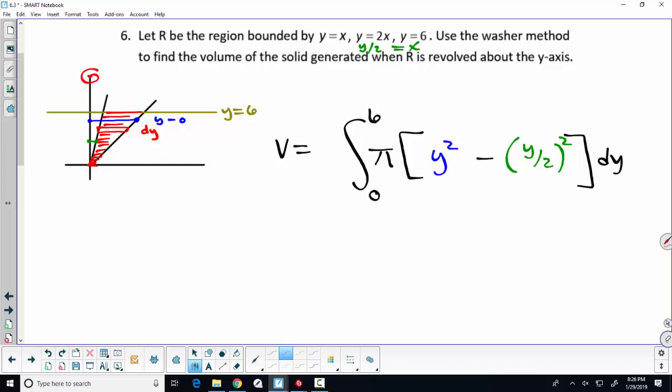This really lets you find the volume of some really weird shapes. Yeah, it does. What I always thought was weird is, especially through the calc sequence and even in differential, you spend so much time studying functions. But if this were a shape in real life, how would you even begin to determine that that's 2x and that's x? How would we know this curve right here is part of a sine curve?